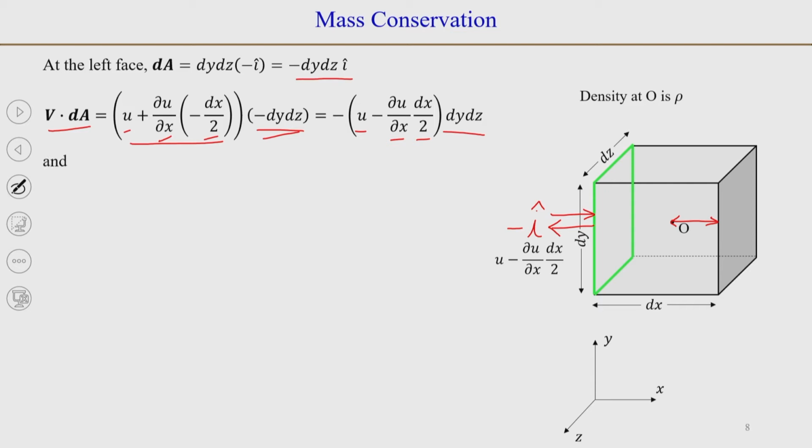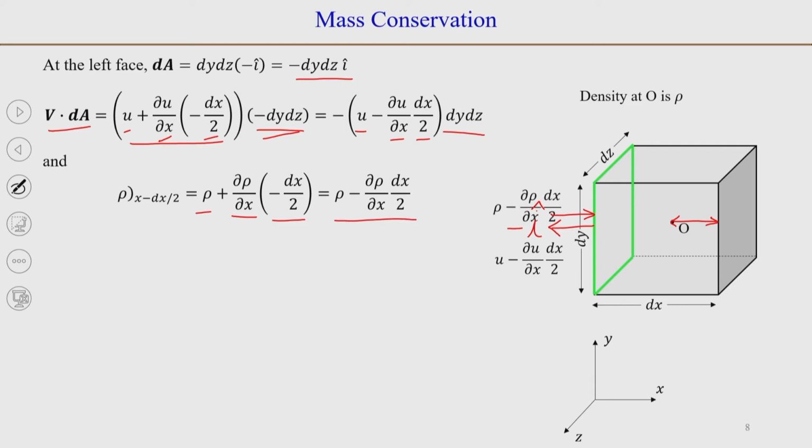So, rho on this face will be rho plus dou rho over dou x into minus dx by 2, same as we did for u on the left face. So, the density on the left face will be rho minus dou rho by dou x into dx by 2.